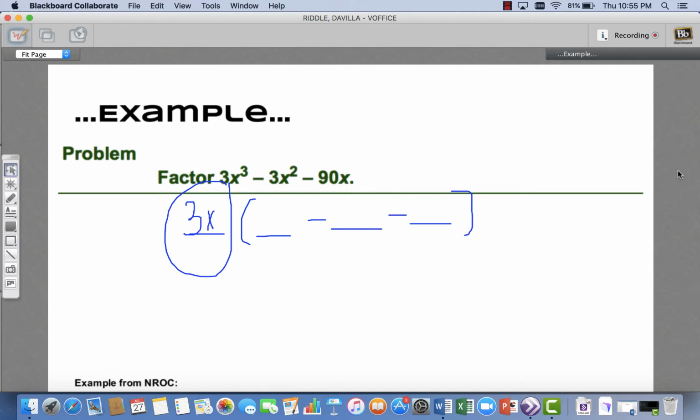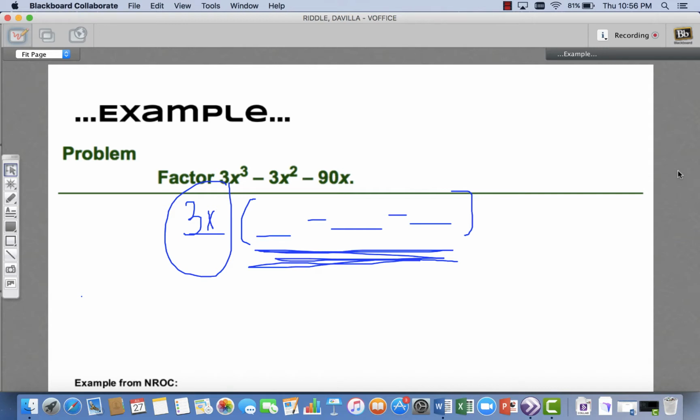Now what terms would go in these blanks right here? You're very close.